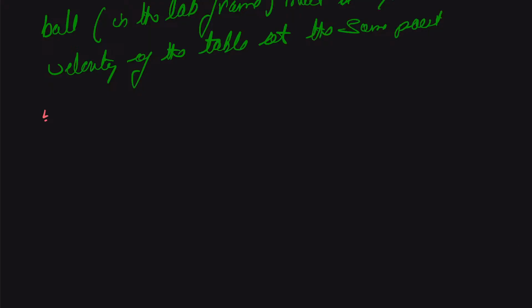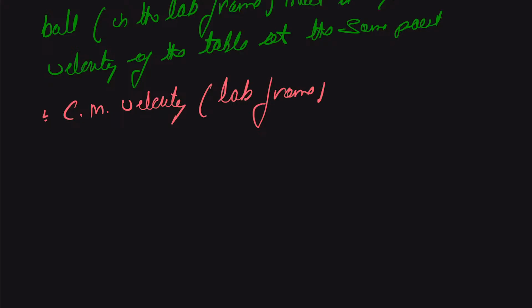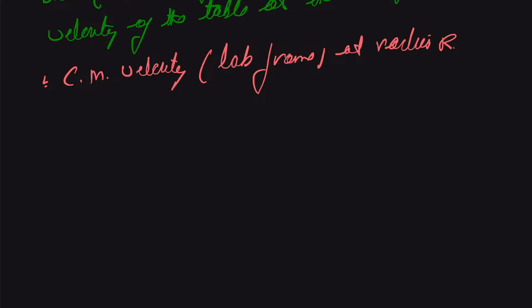You can see that the center of mass velocity, and we have to remember this is in the lab frame at radius r, we can write with this formula: V_CM is equal to omega z unit vector cross r r unit vector.